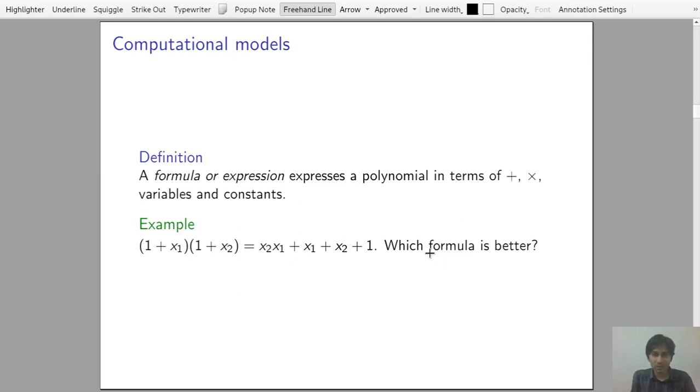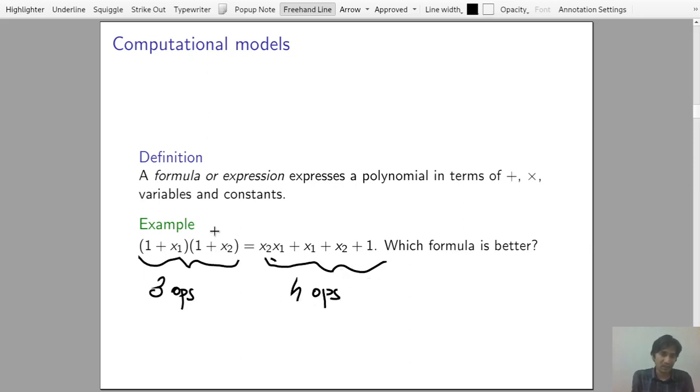Now you can ask the question, which formula is better for computing this polynomial? If you look at this formula, it uses 3 operations and this formula uses 4 operations. So one can say that the formula that uses fewer operations is better.